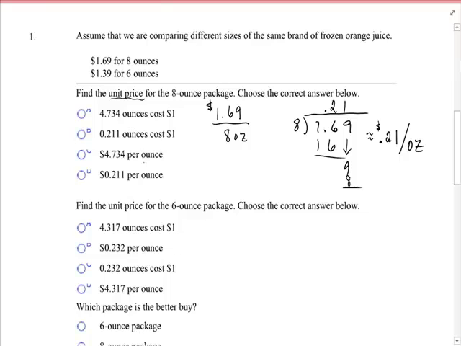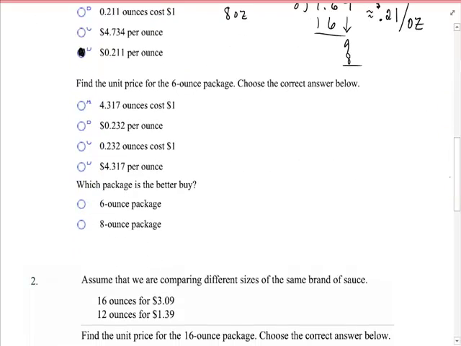But the units will tell you which one to choose. Money per ounce. This one has the right number, but it's ounces per money, so I don't want that. And the others, someone must have divided incorrectly. All right, so that's my unit cost for the 8 ounce.